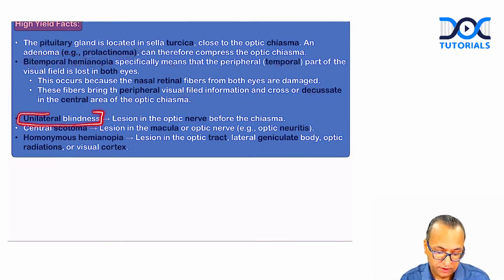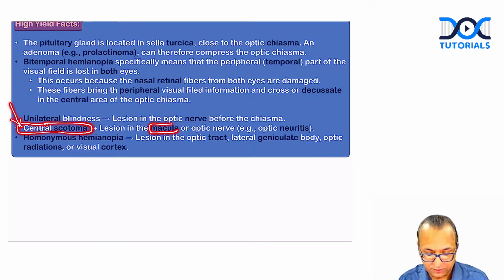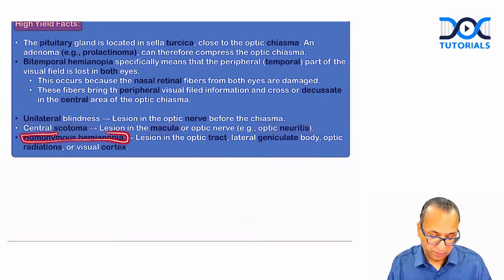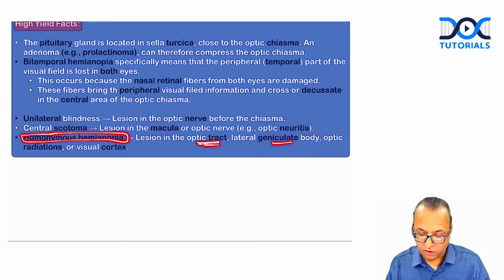If you're talking about unilateral blindness, that could be optic nerve before decussation. If you're talking about central scotoma, which was one of the options in the question, it is only the macular area or maybe optic neuritis affecting only that particular central area, then scotoma. And homonymous hemianopia, we have seen it can be optic tract or lateral geniculate body or optic radiation, even visual cortex.